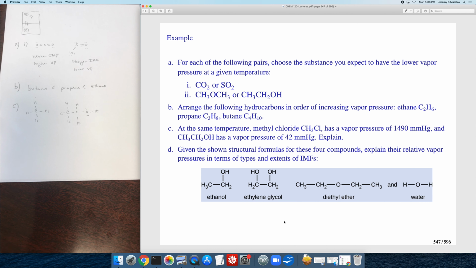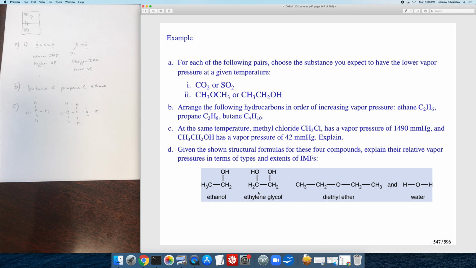Part D is similar in the sense that we have a number of molecules to look at. Their structural formulas are given there, and they want us to compare which one has the highest vapor pressure and which one has the lowest. In this example, we notice that the ethylene glycol has two OH groups, each of which is capable of participating in multiple hydrogen bonds.